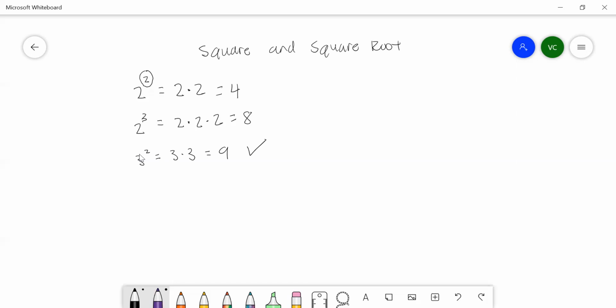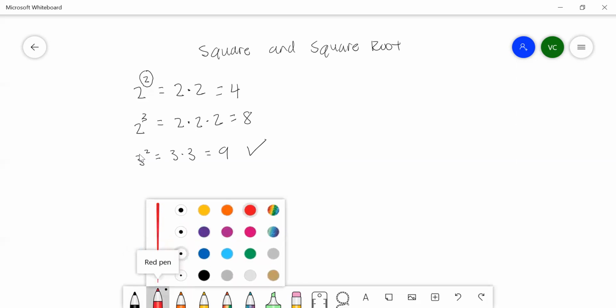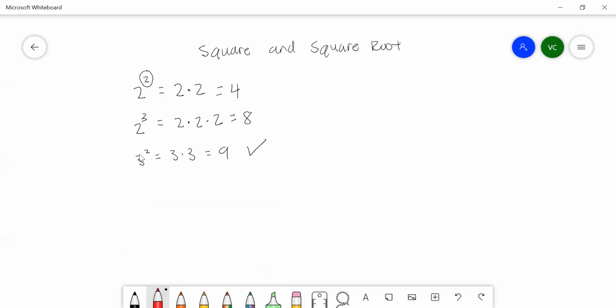Now, a common mistake that people make, and I'm going to put it in red, is to say, oh, 3 squared is equal to 6 because 3 times 2 equals 6.